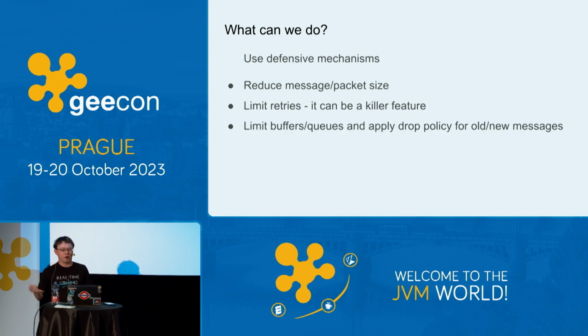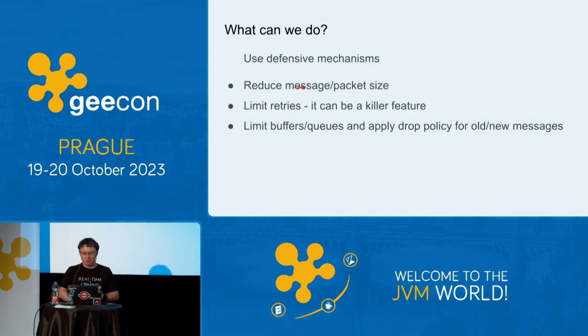You should limit your buffers and queues, and apply some drop policy. For example, if the queue or the buffer is full, you should drop new messages or drop the old messages. But in this case, you should use retries to eventually deliver the dropped messages.